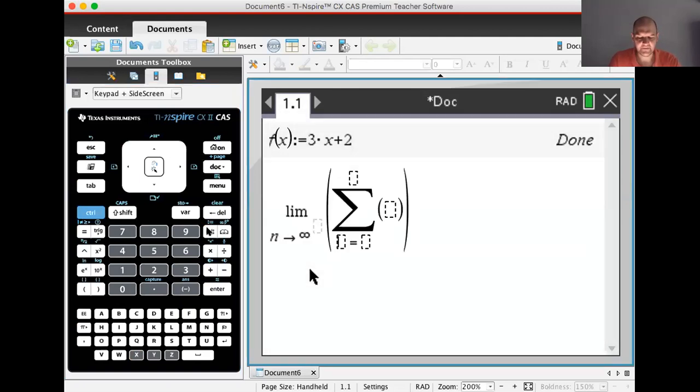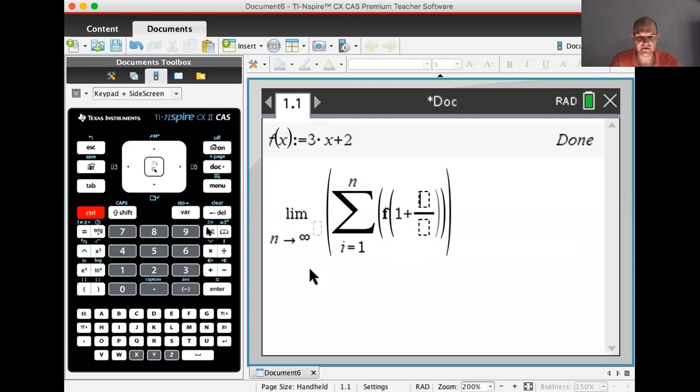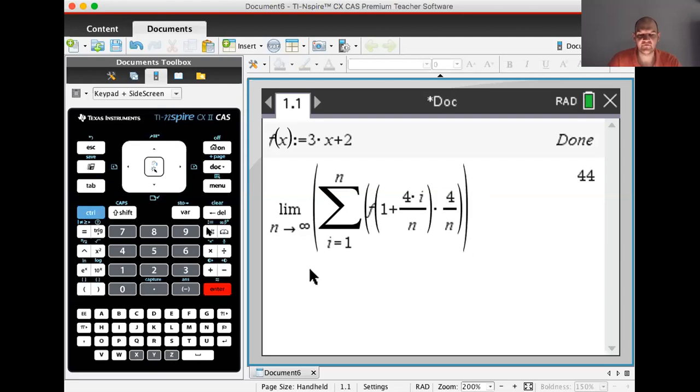I'm trying to type in the overall thing I did. So i goes from 1 to n, and we had f of x sub i, which was 1 plus 4i over n, times 4 over n, and we got 44.